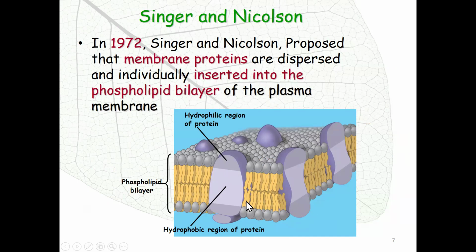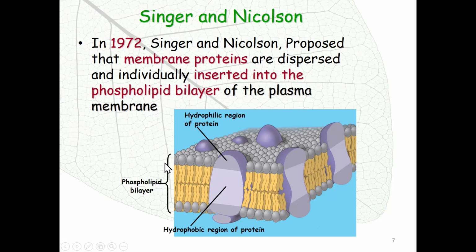One layer here, another layer here. Here is the phosphate, here is the lipid part. So proteins are anchored in such a way that one part is outside and another part is inside the cell interior. So they are inserted into the phospholipid bilayer.